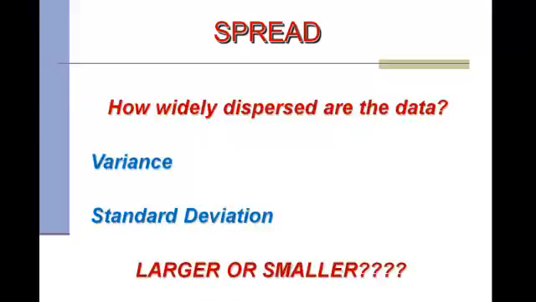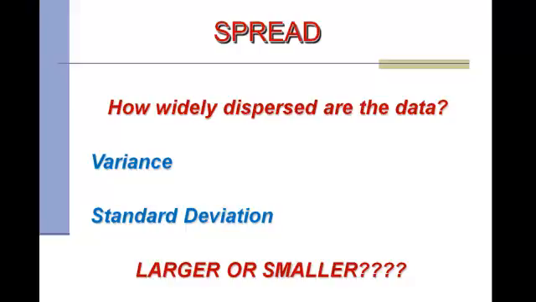The next, to tell us how widely dispersed or distributed the data are, would be the variance and the standard deviation. We're going to do a lot of work with the standard deviation, and in order to get the standard deviation, you actually calculate the variance first, but we don't have to worry about it because Megastat will be doing all those calculations for us.